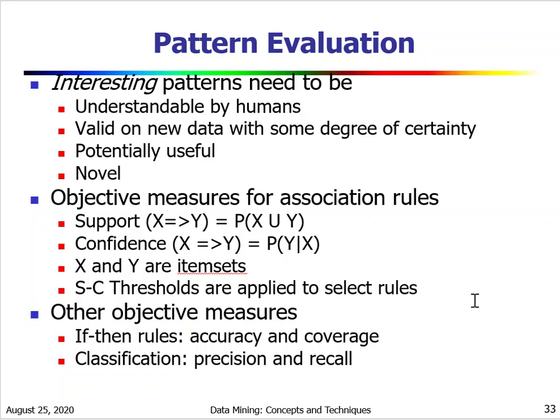Another thing that I want to emphasize is the interesting patterns. Well, they have to be useful and they have to be valid, but they need to be understandable by humans. I think there are lots of concerns about large-scale data mining that actually could hurt individual persons. Your loan request is denied because the algorithm says that you are not going to repay your loan.